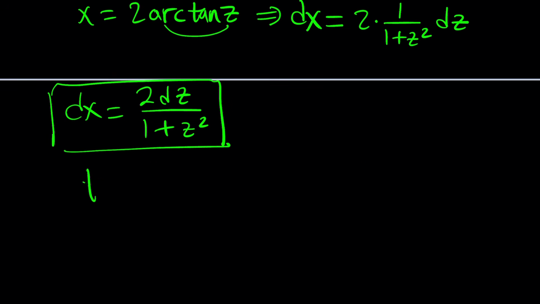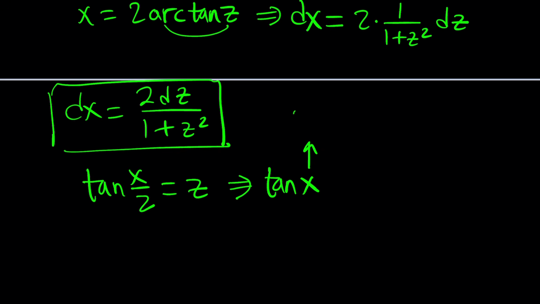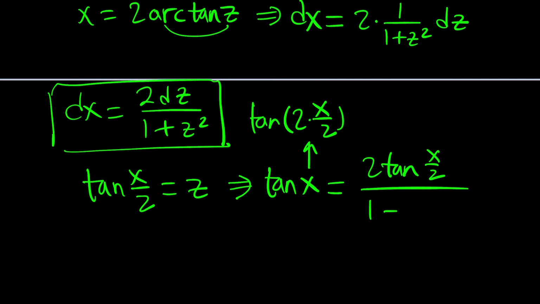Since we know that tangent x over 2 is equal to z, we can use the double-angle formula. What is tangent x? x is 2 times x over 2. If you remember the formula for tangent of 2 alpha, it's 2 times tangent alpha, which is x over 2, divided by 1 minus tangent squared alpha. So that's the next thing we're going to use.